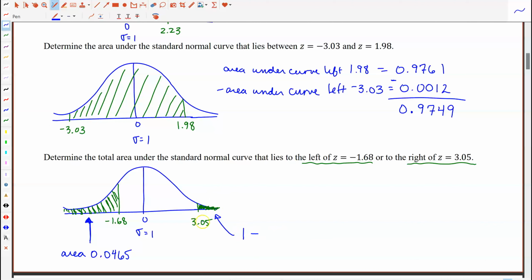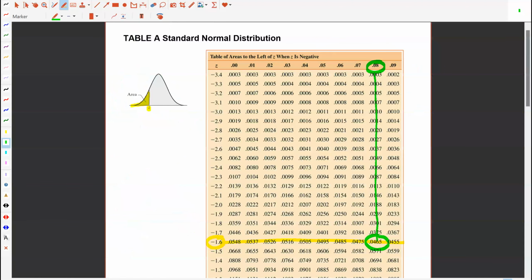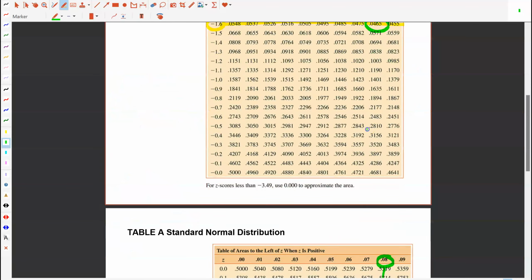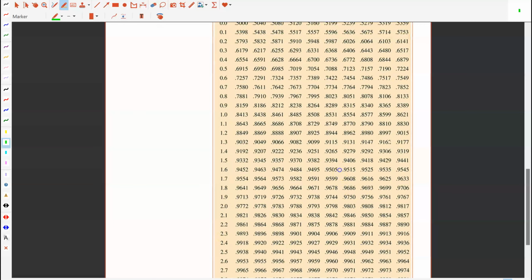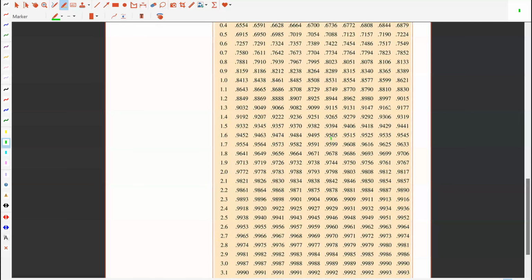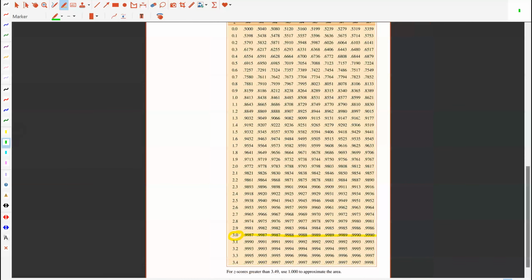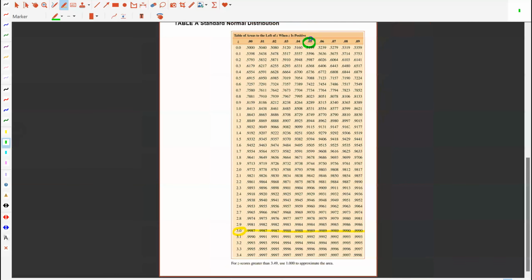So let's use our table to find what is the area to the left of 3.05. So that value is positive. So I'll come over here to my positive values. I want 3.05. So here's 3.0. And then I want to grab 5 up here. And then come down that column. All right, so where the 2 intersect is 0.9989.